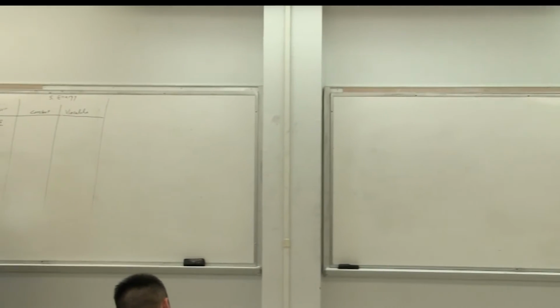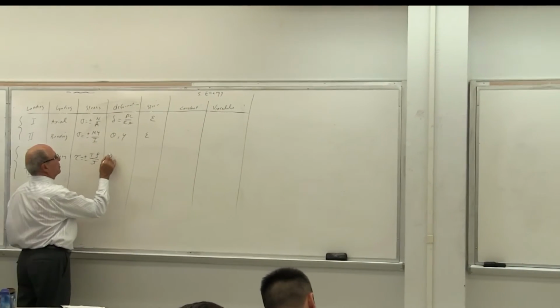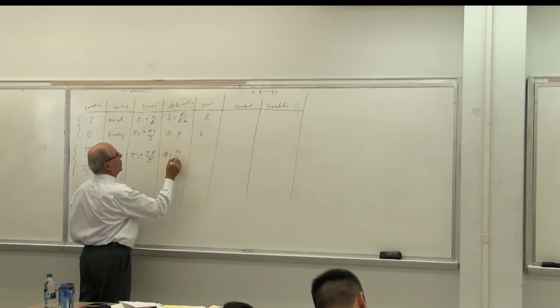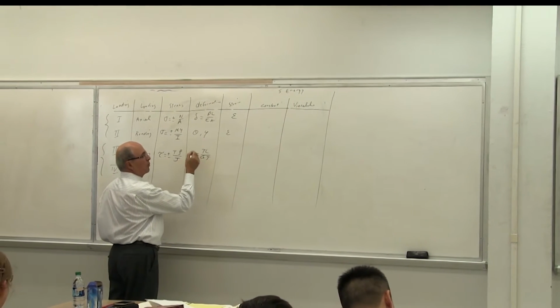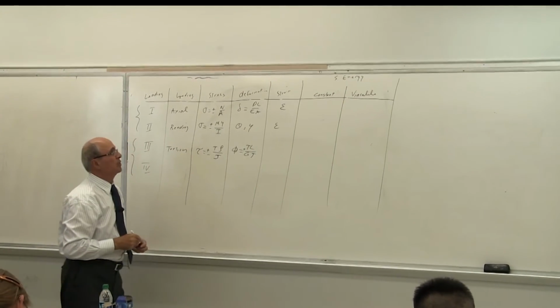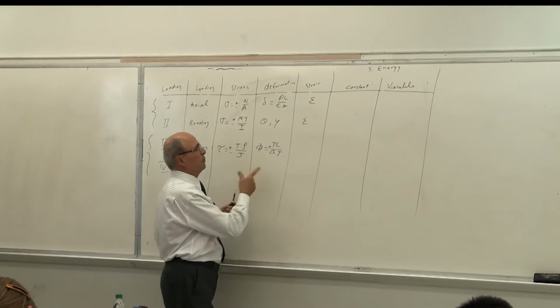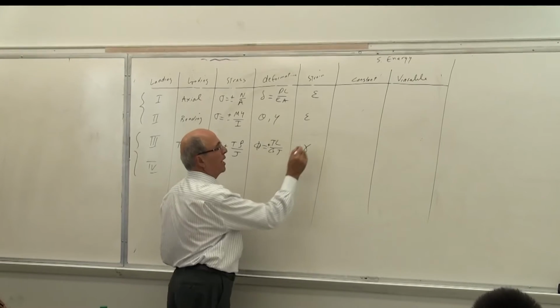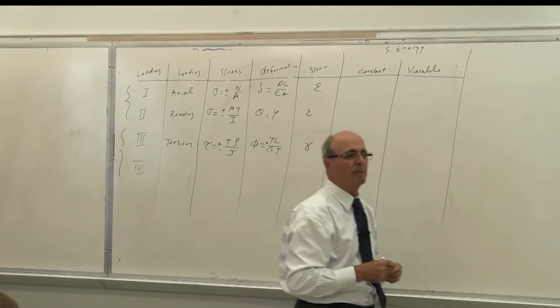And what was the deformation? Phi equal to TL over GJ. Of course, you had plus or minus because it goes clockwise or counterclockwise. Because this is the shear stress, you will have the shear strain, which is gamma.